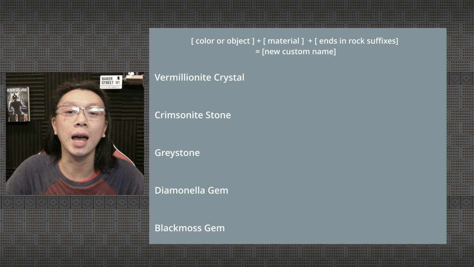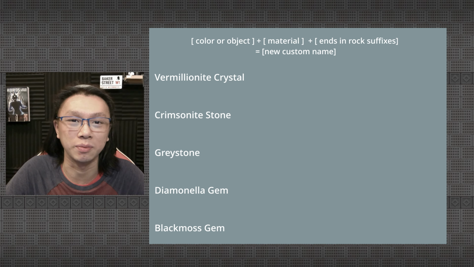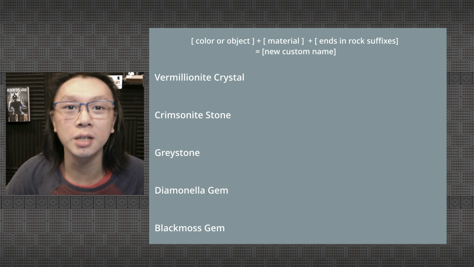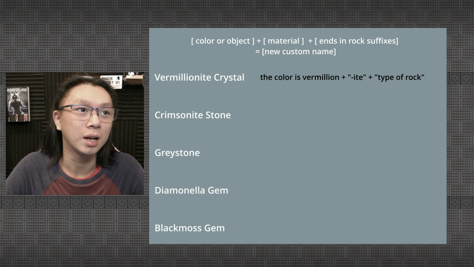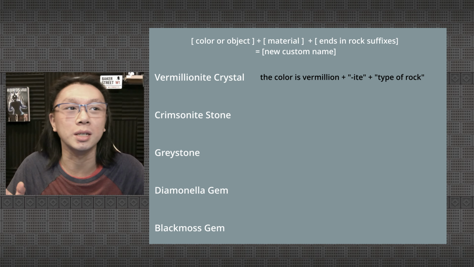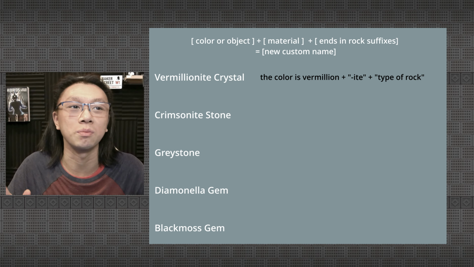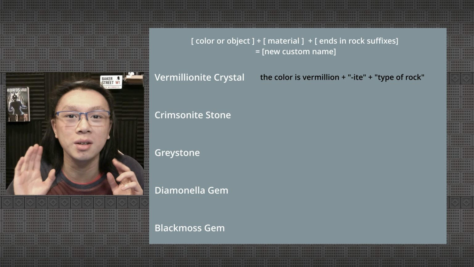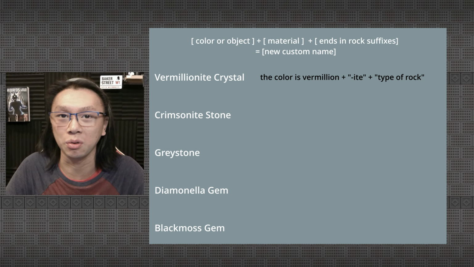So here I have our 5 examples of names that I made using the equation from before. The first one is vermilionite crystal: color, which is vermilion, ite, which is the suffix for a rock. If you want, you can skip option 2 of the equation, but it doesn't really matter as long as it gets the point. So, vermilionite crystal, pretty self explanatory, right?